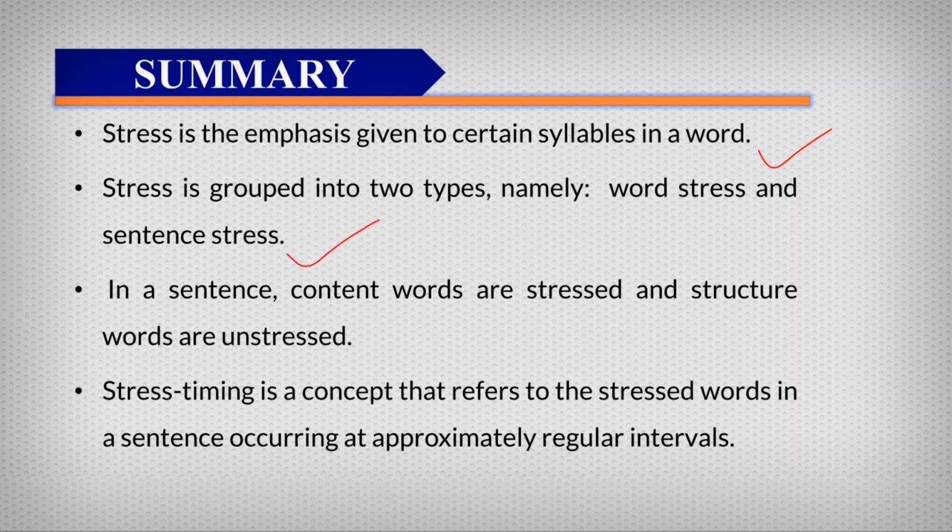Moving on, we learned that in a sentence, content words are stressed and structure words are unstressed. And lastly, for this lesson, we learned that stress timing is a concept that refers to the stressed words in a sentence occurring at approximately regular intervals.